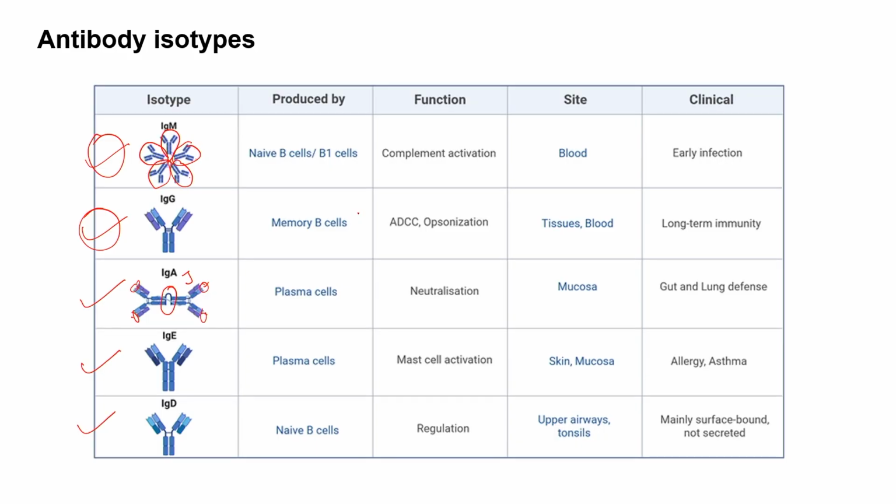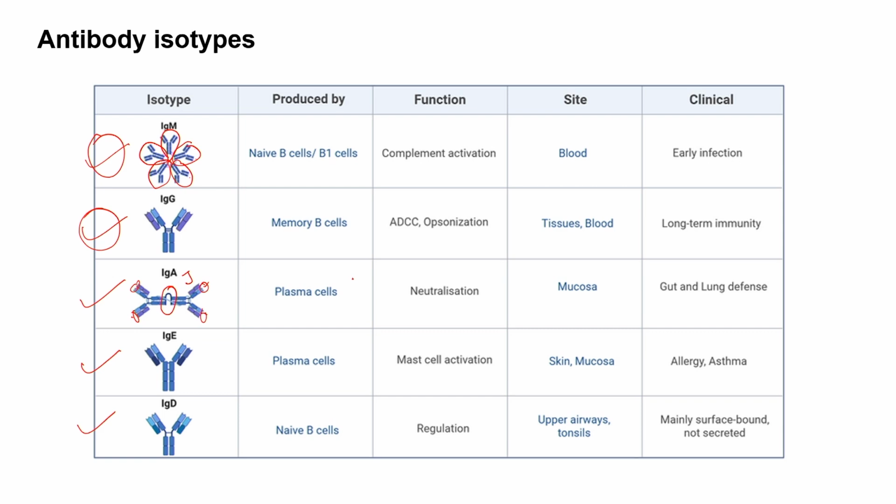While IgG is actually produced by memory B cell, that means if the cells are exposed to the antigen, they understand what kind of immune response is needed to remove the antigen, and therefore you always see that there is a response of memory involved in generation of IgG molecules.